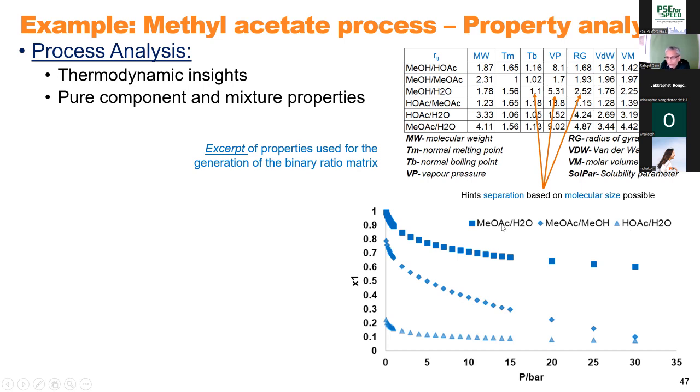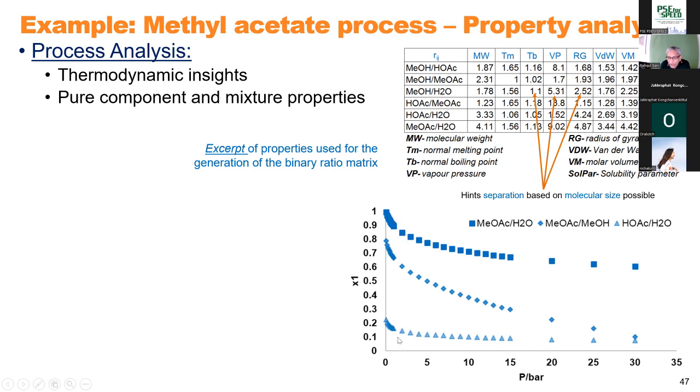And if they form azeotrope, then getting pure products by distillation is not possible. That's why they had to use many columns and also solvents. What we see is that these azeotropes, this is this one, this is this one, this is this one. If we change the pressure, the azeotrope composition changes.